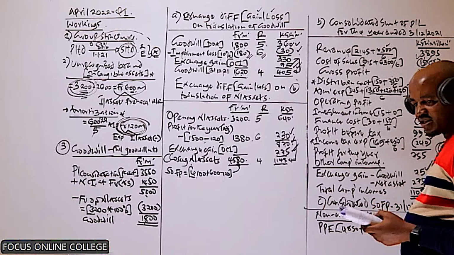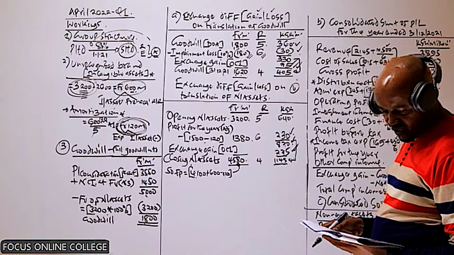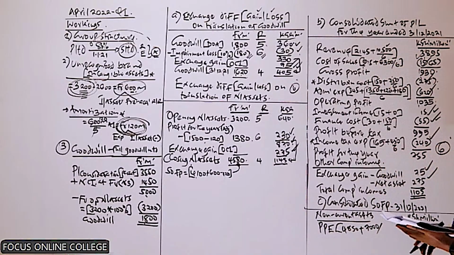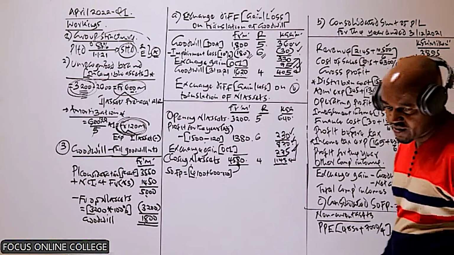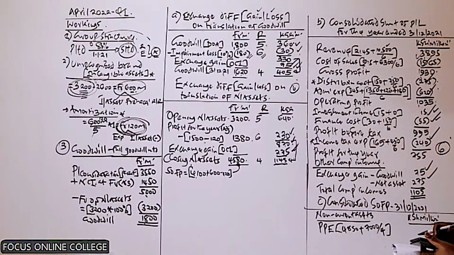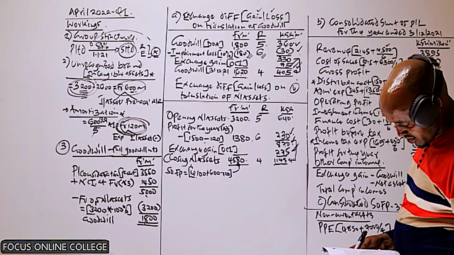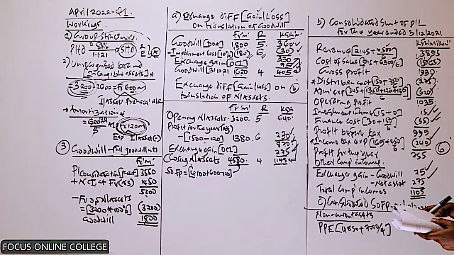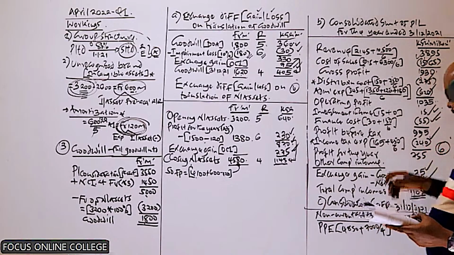And then we divide this with the closing exchange rate. The closing exchange rate as per note number 5 is 4. There is no adjustment here because no item of PPE was revalued. So I'm getting 66. Are you getting 66?